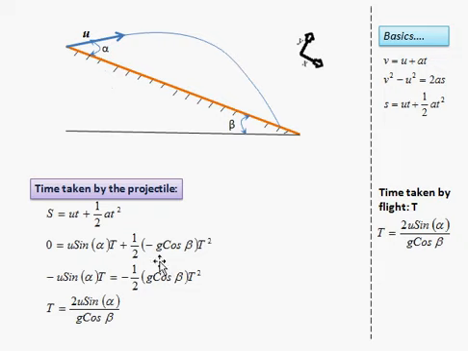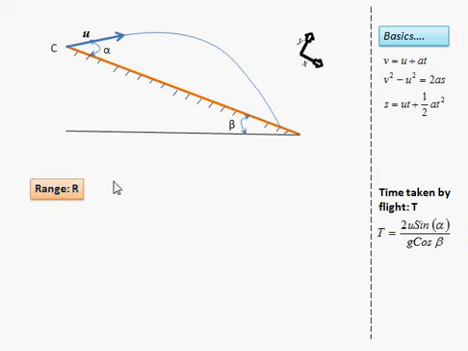I am placing this formula here so that it can be used in the next derivation part. The next one is range. Range means the distance from the point C to here, that is how much distance the particle traveled.